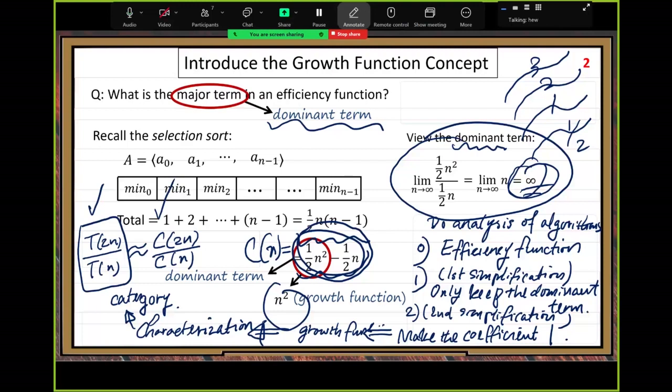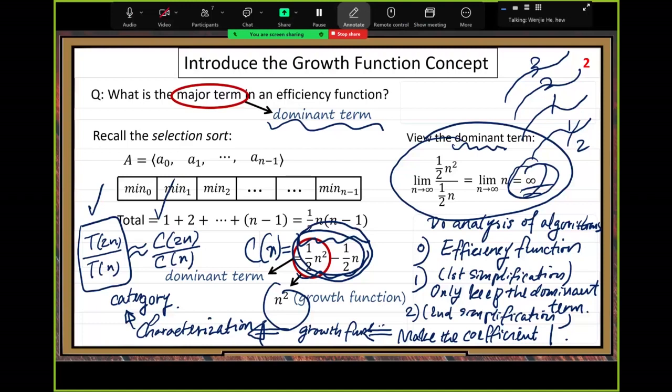Growth function, T's and C's cancel out. So if we put a dominant term here and a growth function here, they are in the same category. That's a relationship. Wait, so the T thing is the growth function?